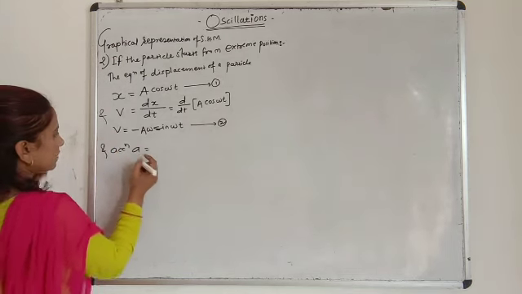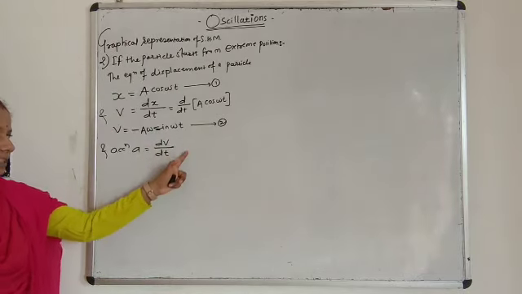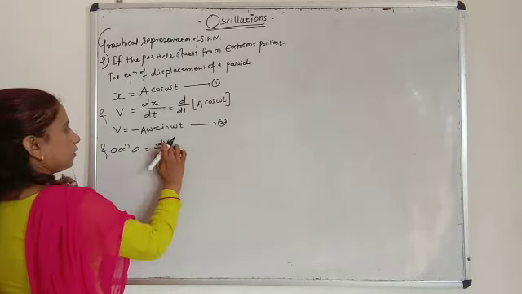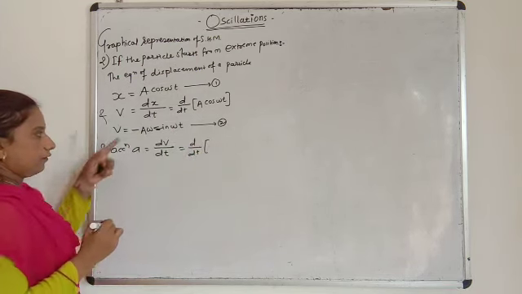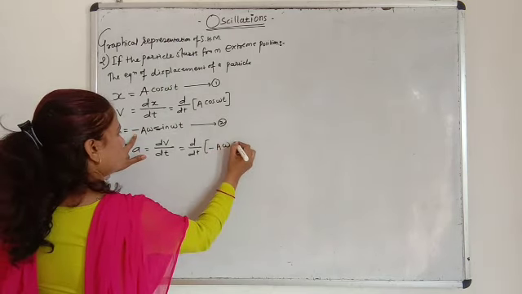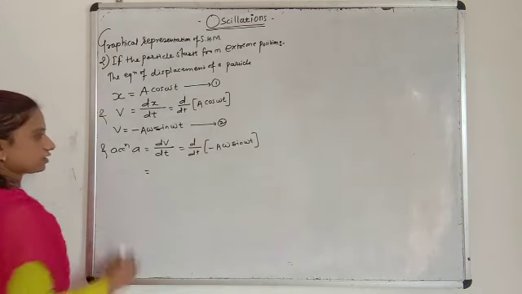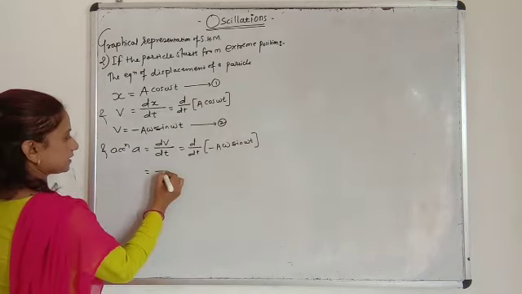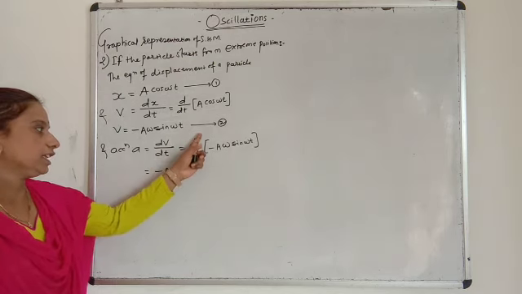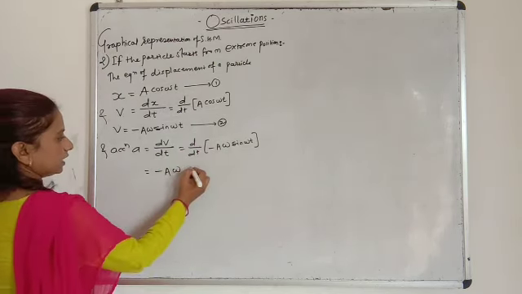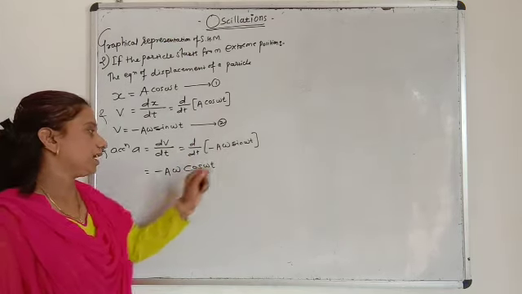This acceleration becomes dv upon dt, the rate of change of velocity with respect to time. So put the value of velocity here: d by dt of minus a omega sin omega t. Differentiate this: minus a omega is constant, so d by dt of sin omega t is cos omega t, and d by dt of omega t is omega.